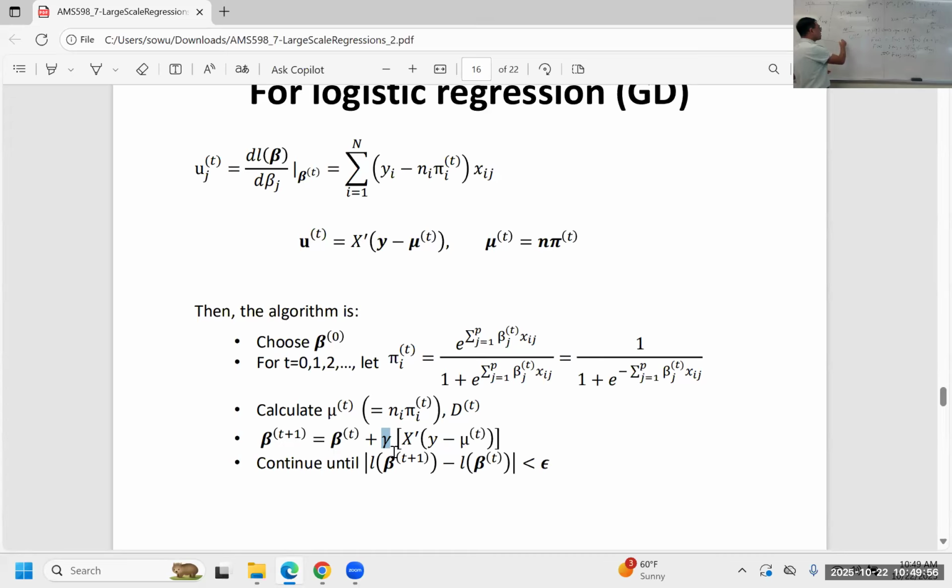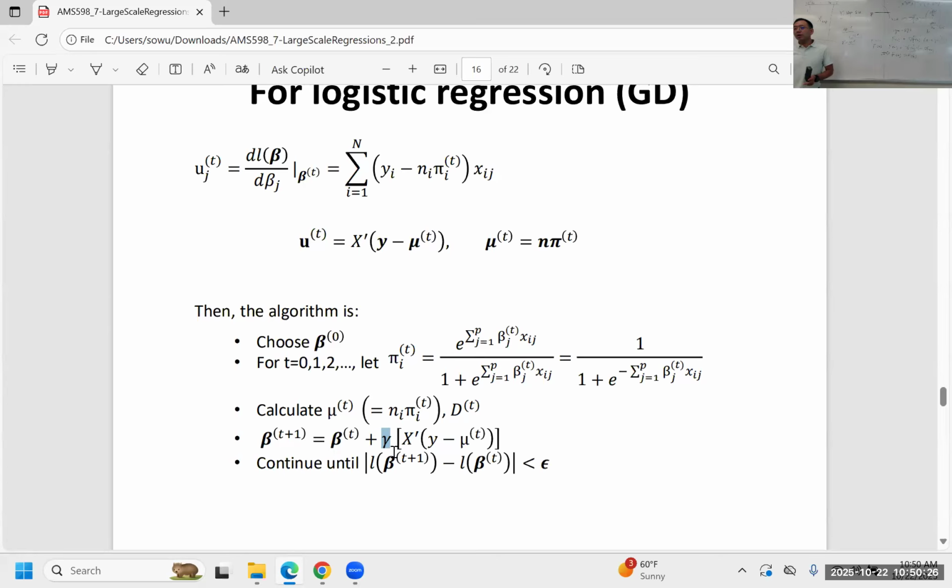Now, if your gamma is large, say 10 to the 6, that also creates a problem. Think about it: if you start from somewhere here, beta t, and your gamma is too big, you may move past the maximum point.